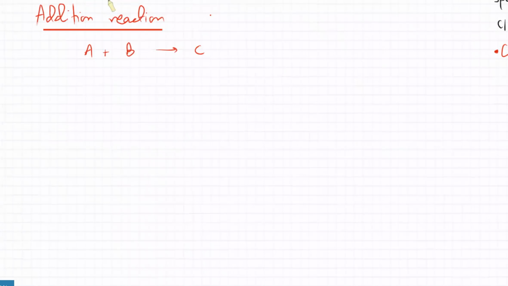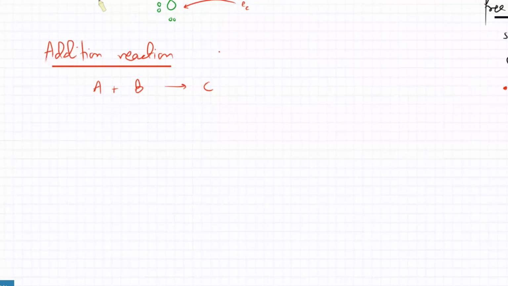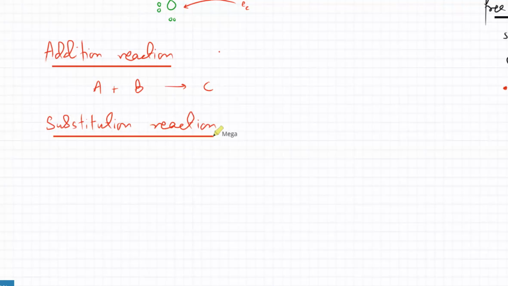So you've got substances: electrophiles, nucleophiles, free radicals. Now let's talk about the types of reaction. There's an addition reaction. Then there is another reaction which is substitution. So what happens in a substitution reaction? In a substitution reaction, things get substituted. For example, like we did the photochemical substitution of methane.